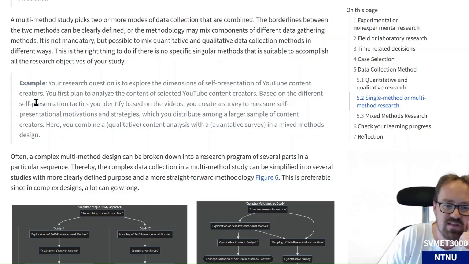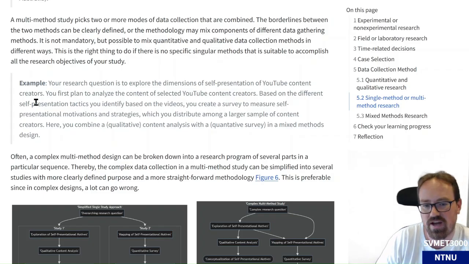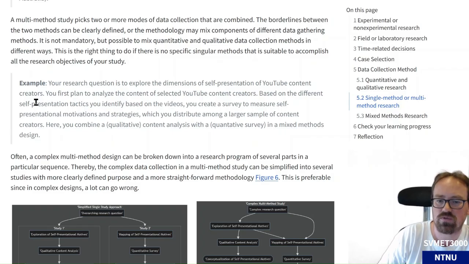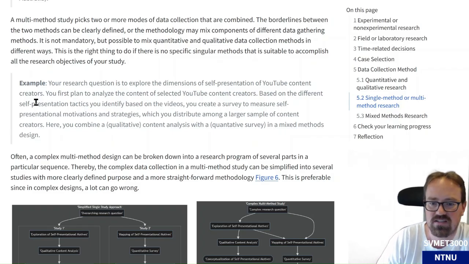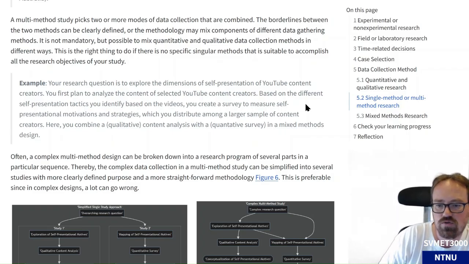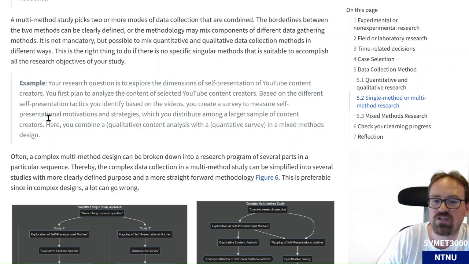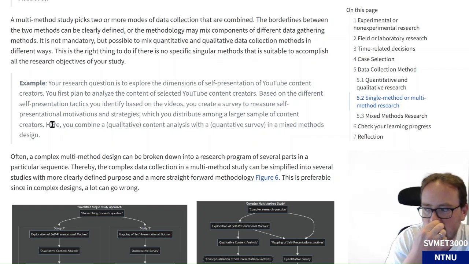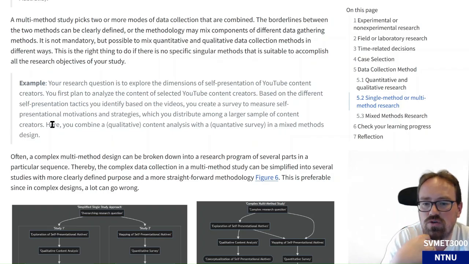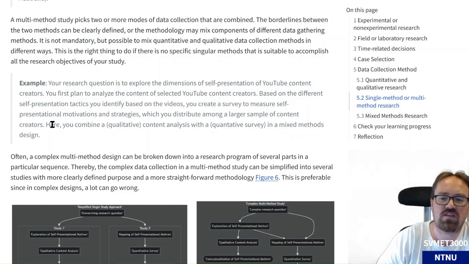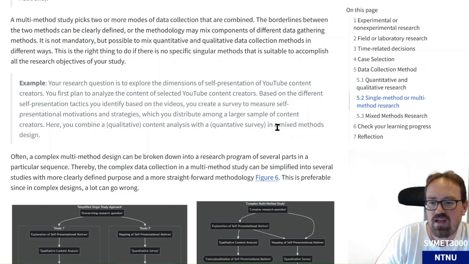Based on the different self-presentation tactics that you find there in the videos using qualitative content analysis, you create a survey to measure self-presentational motivations and strategies. And this you then distribute among a larger sample of content creators. So you do a content analysis and you do a survey. Here you combine qualitative content analysis with a quantitative survey in a mixed methods design.